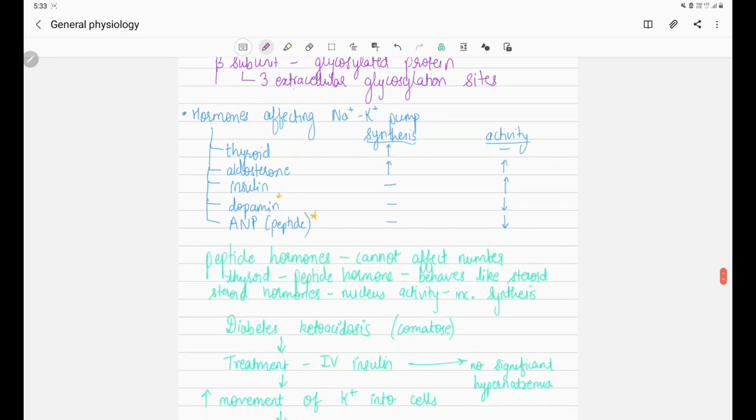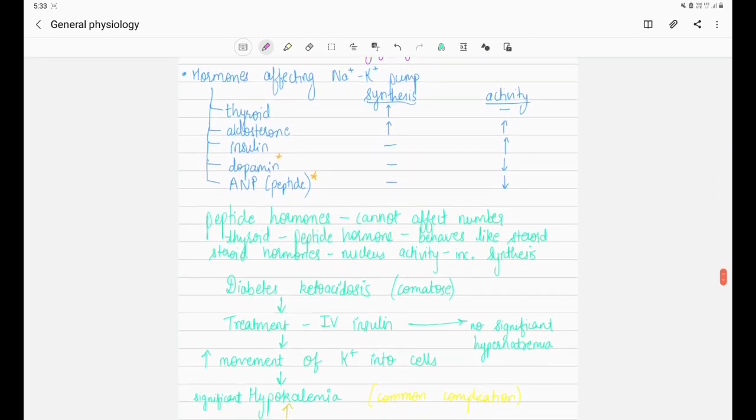Now let's see the hormones affecting the sodium potassium pump. How will hormones affect it? Either by increasing or decreasing synthesis or by affecting its activity. Thyroid increases the synthesis of the Na+ K+ pump and does not affect its activity. Aldosterone increases synthesis as well as activity of the pump.